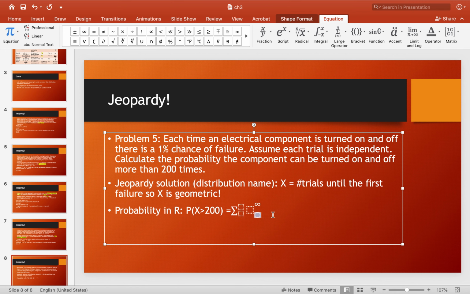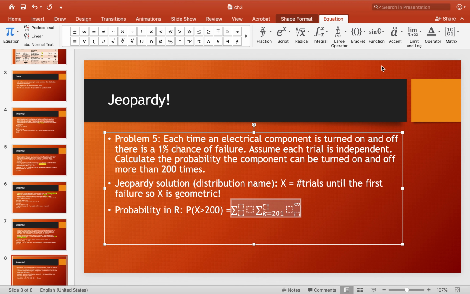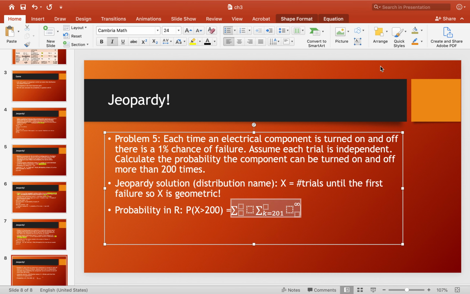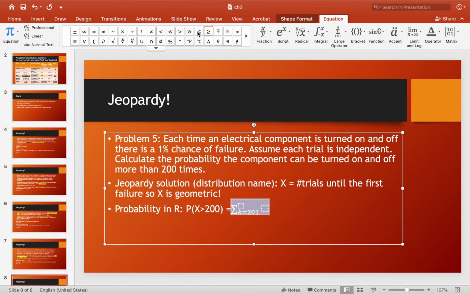So 201. So let's restart all of that. Well, I gotta put in these nice little symbols here. To infinity. Very annoying.